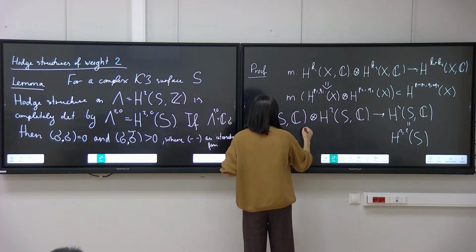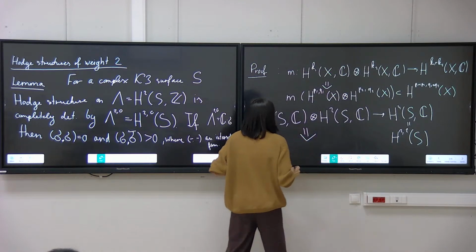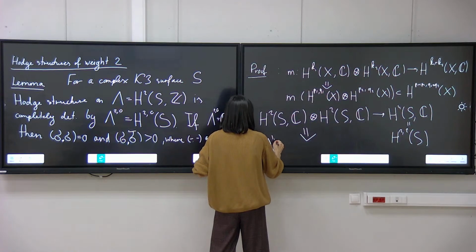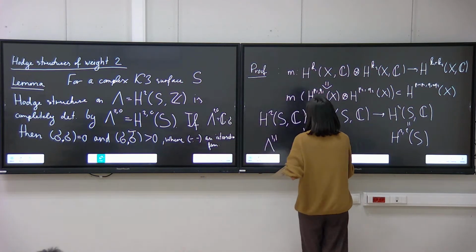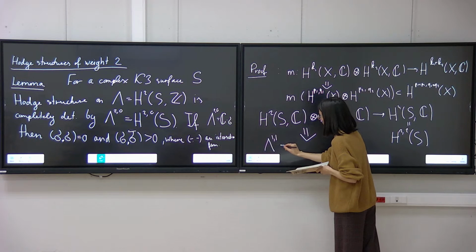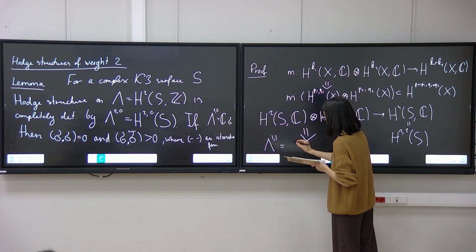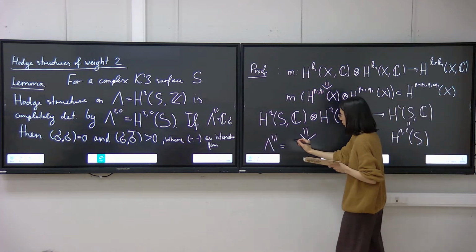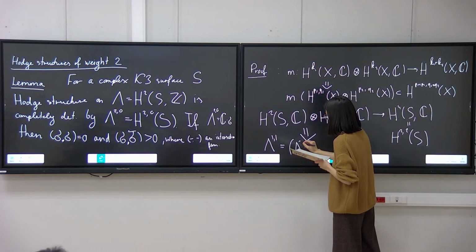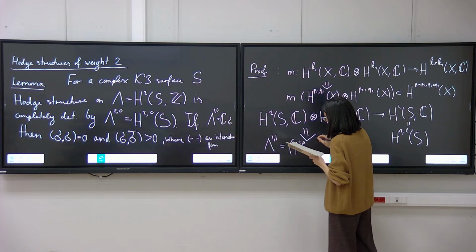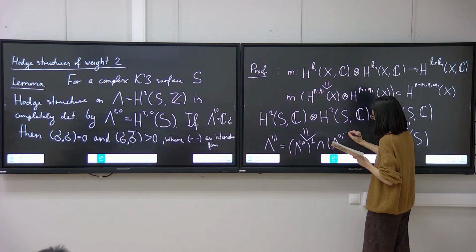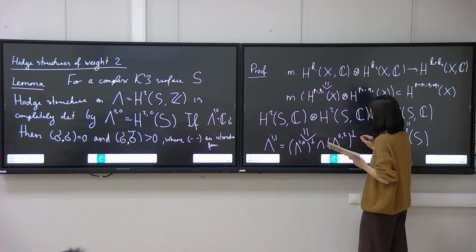So from this, we see that one component of the corresponding Hodge structure is defined as an orthogonal to 0, right?